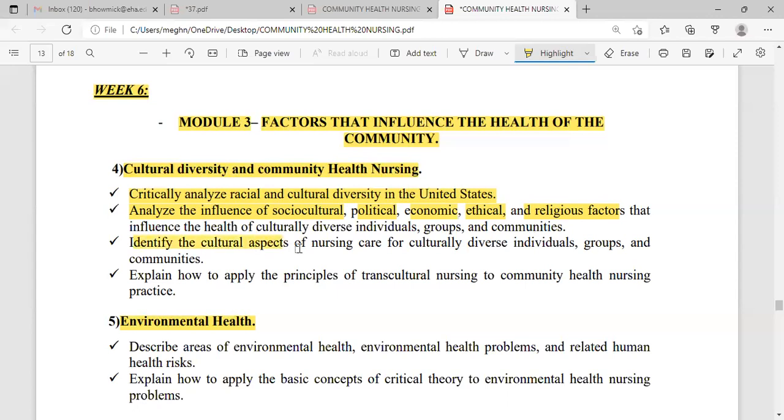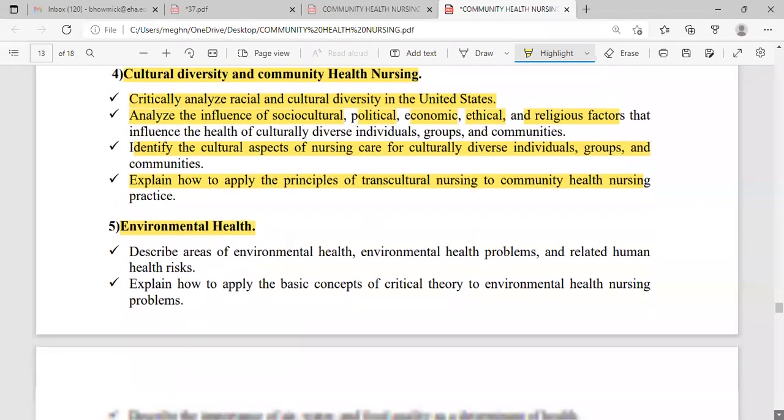Identify cultural aspects of nursing care for culturally diverse individuals, groups, and communities. Explain how to apply the principles of transcultural nursing to community health nursing practice.